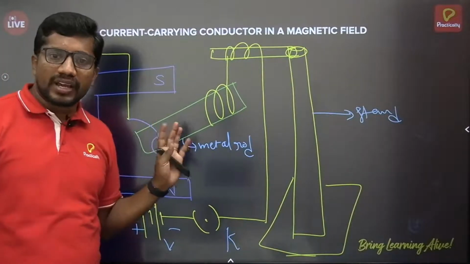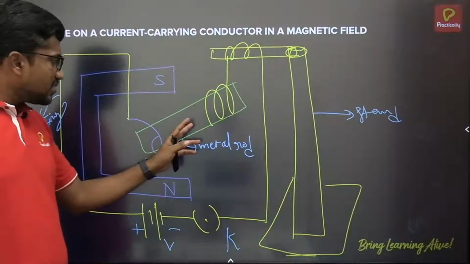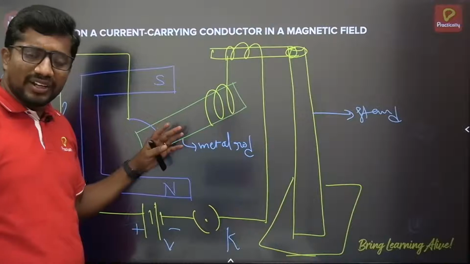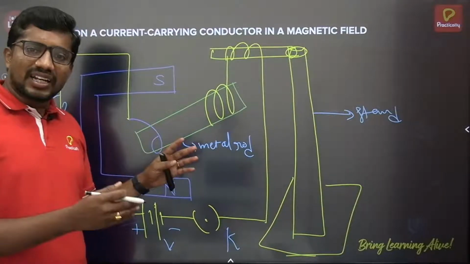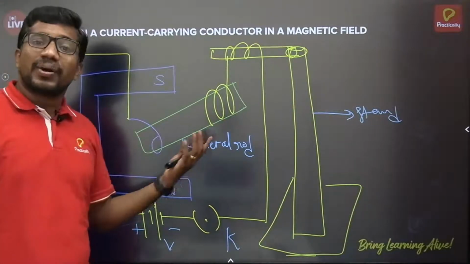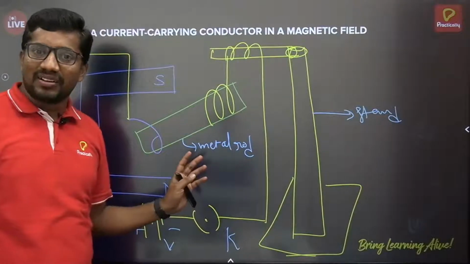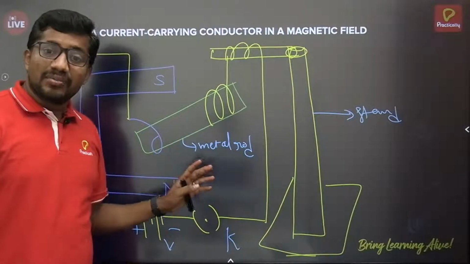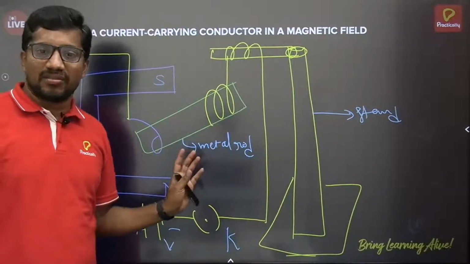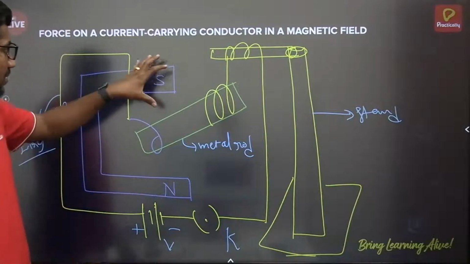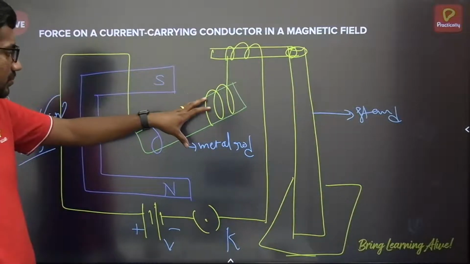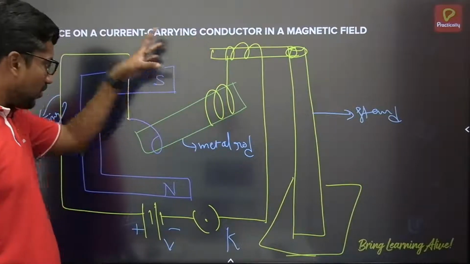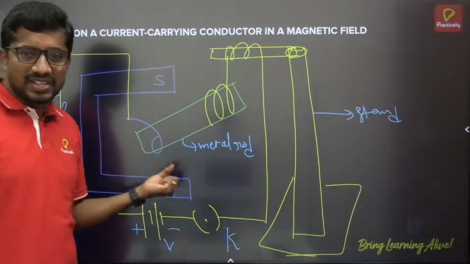Generally, to displace this metal rod or show the deflection, a certain amount of force should be applied on it, but there is no external force being applied on this metal rod, and still it will show the deflection. So we can say that it experiences some force. How it experiences that, we are going to understand with the help of this activity.